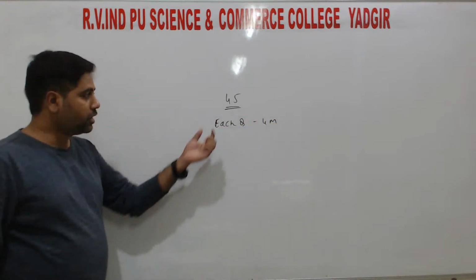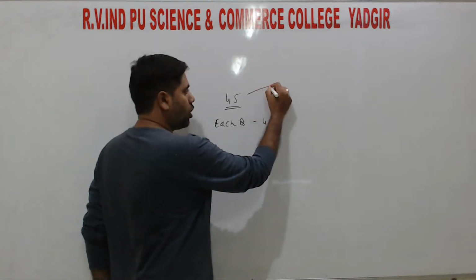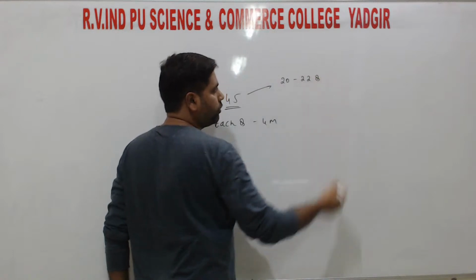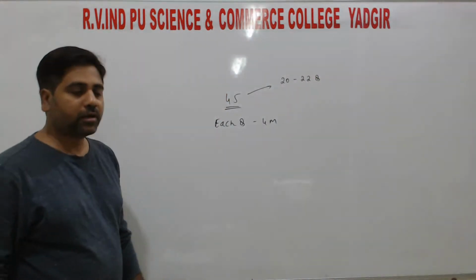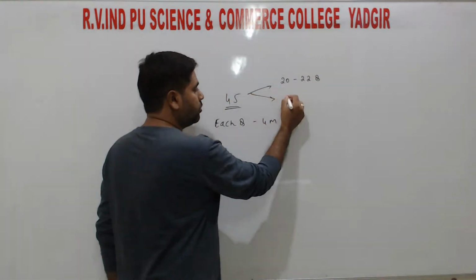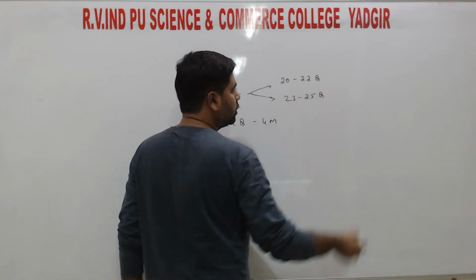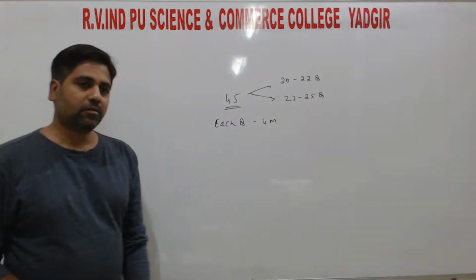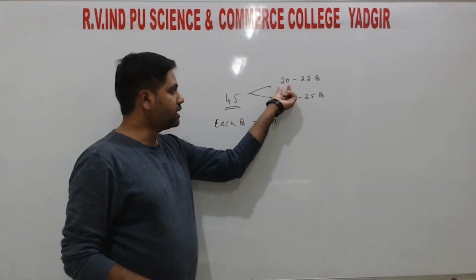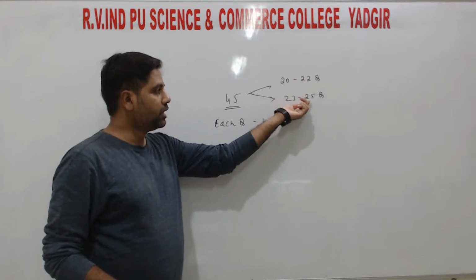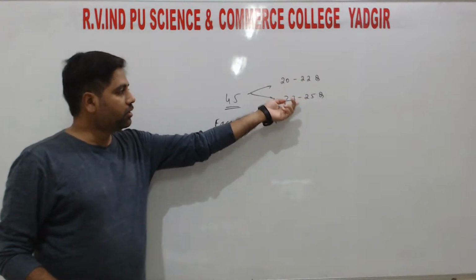Out of these 45 questions, almost 22 questions will come from first year, and the remaining 23 to 25 questions will come from second year. It may vary. Maximum 22 questions from the first year and maximum 23 from the second year.